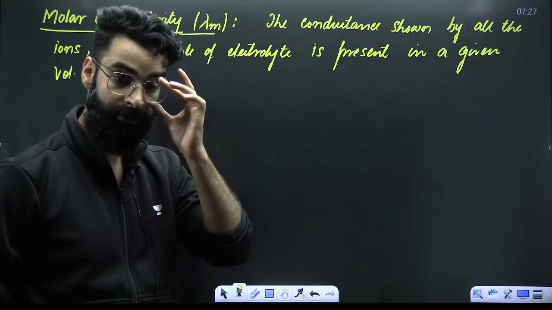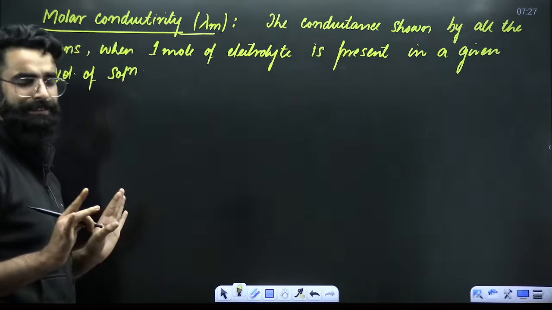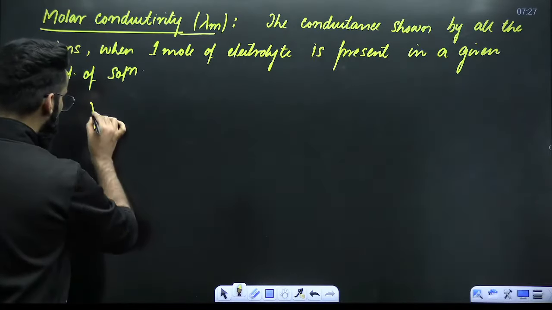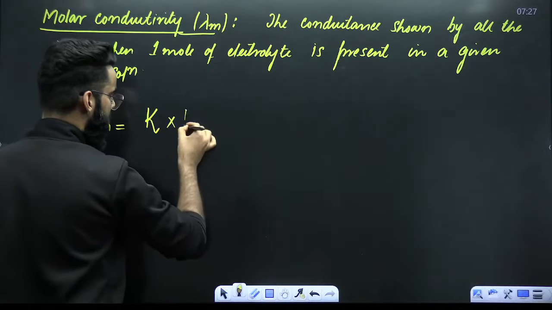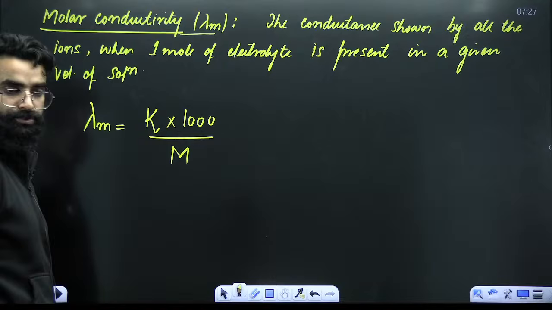Correct? Now, I'm directly going to give you the result; I'm not deriving it. Molar conductivity of the solution is always equal to kappa multiplied by 1000 divided by molarity of the solution.